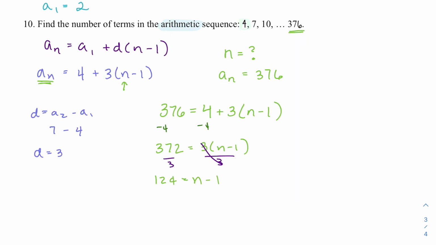Simply add 1 to both sides, and you get that n is 125. This means the 125th term is 376, but since it is also the last term, there are 125 terms in this sequence.